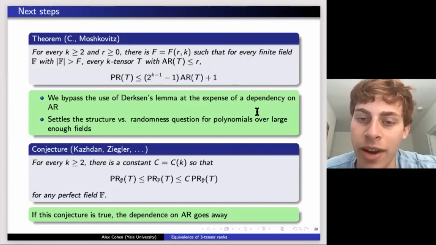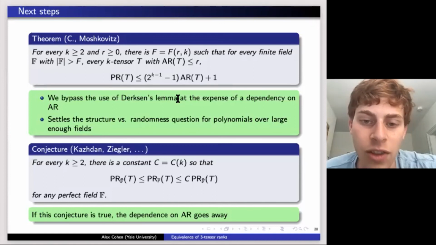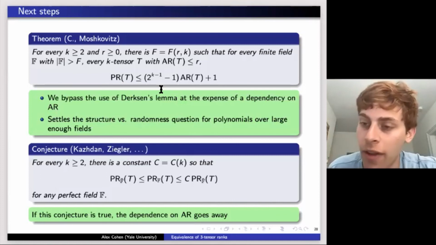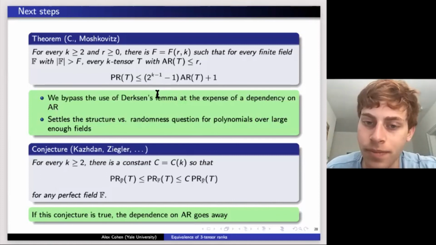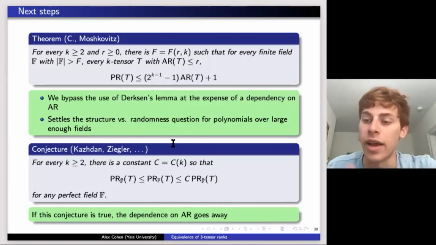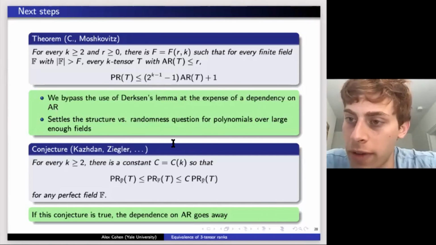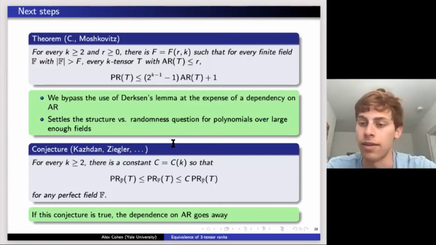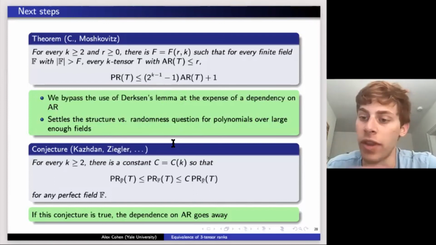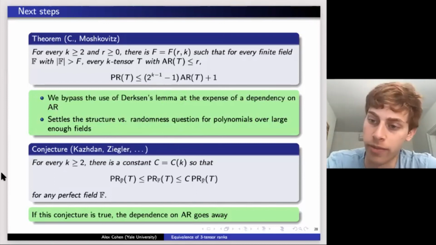The problem is that it's really hard to do that without getting a dependence. Because Lang-Weil has a dependence on the number of variables, we always had a dependence on the number of variables, which we didn't want. So instead we look at subvarieties that are nice in some way, iteratively descending to smaller subvarieties that contain all the F-rational points, and only using Schwartz-Zippel, never Lang-Weil, because we don't want the dependence on variables.